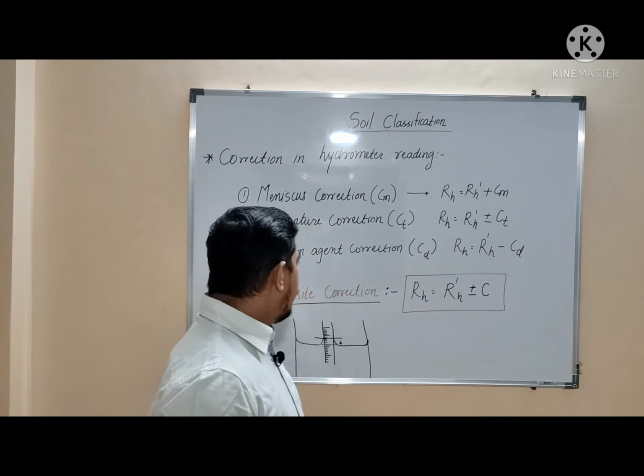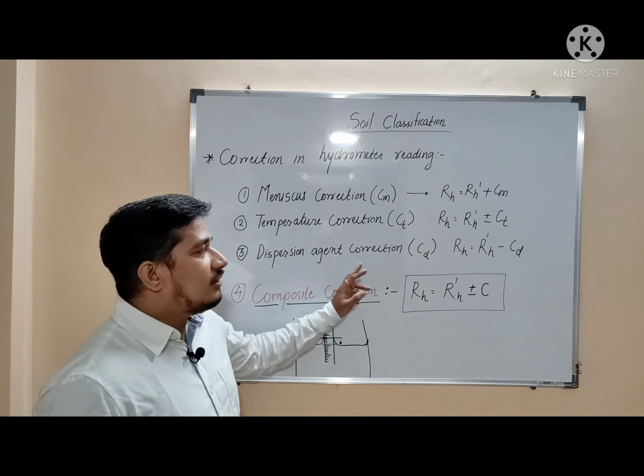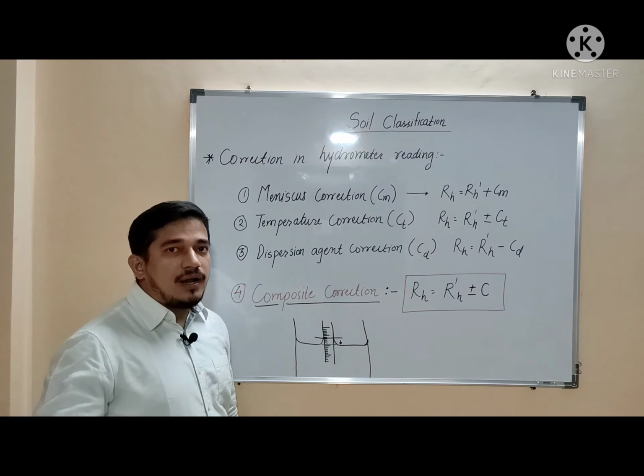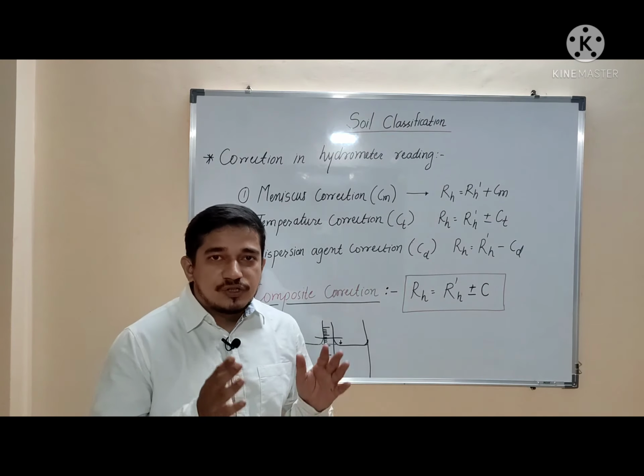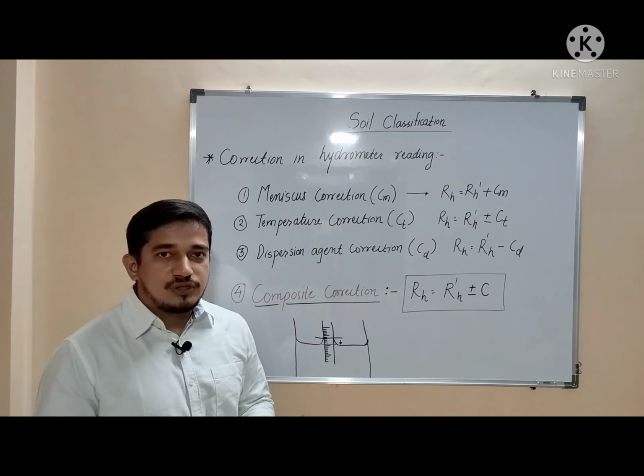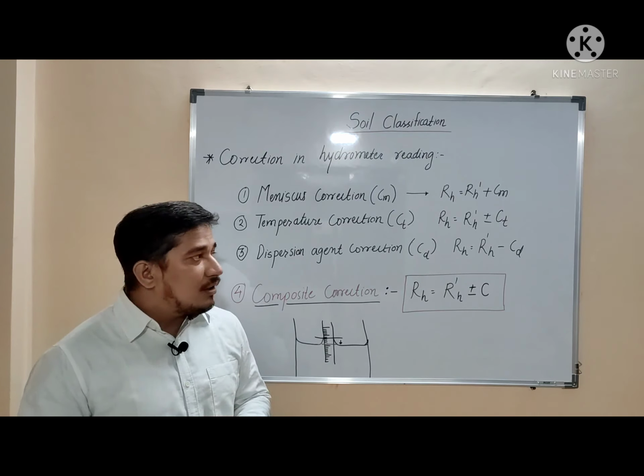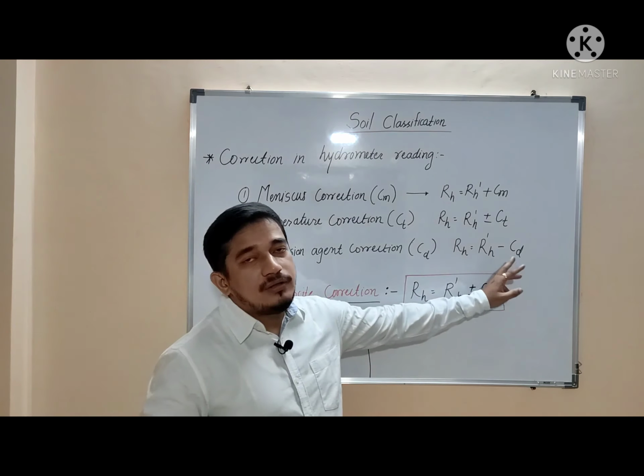The next correction is the dispersion agent correction. As we add dispersion agent in the soil suspension, the specific gravity of the soil suspension will be increasing, so the correction has to be negative.